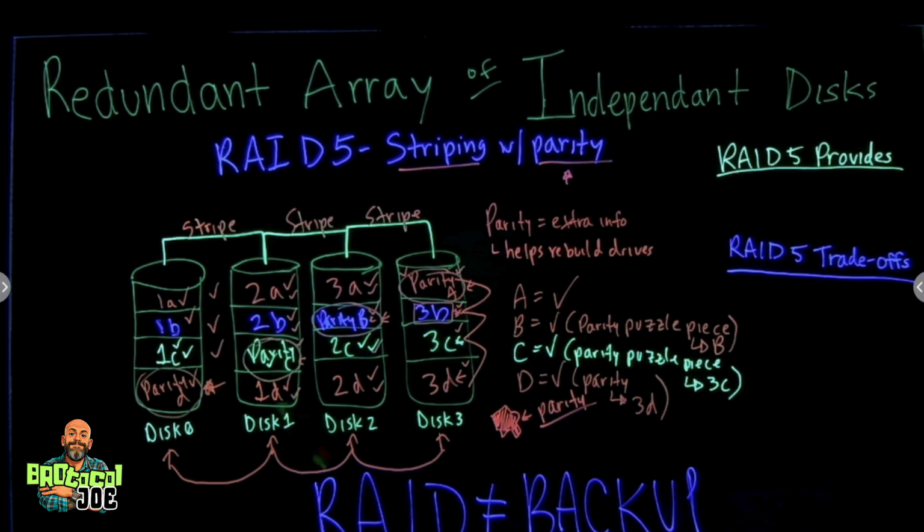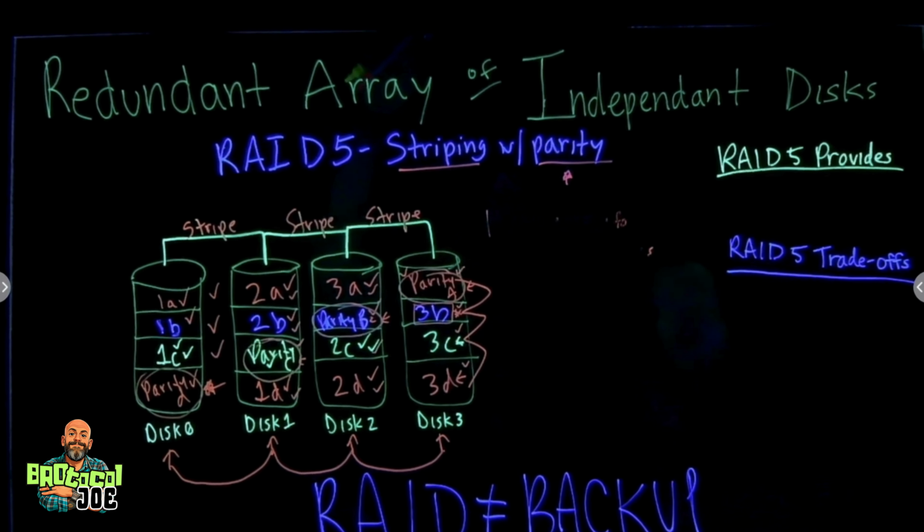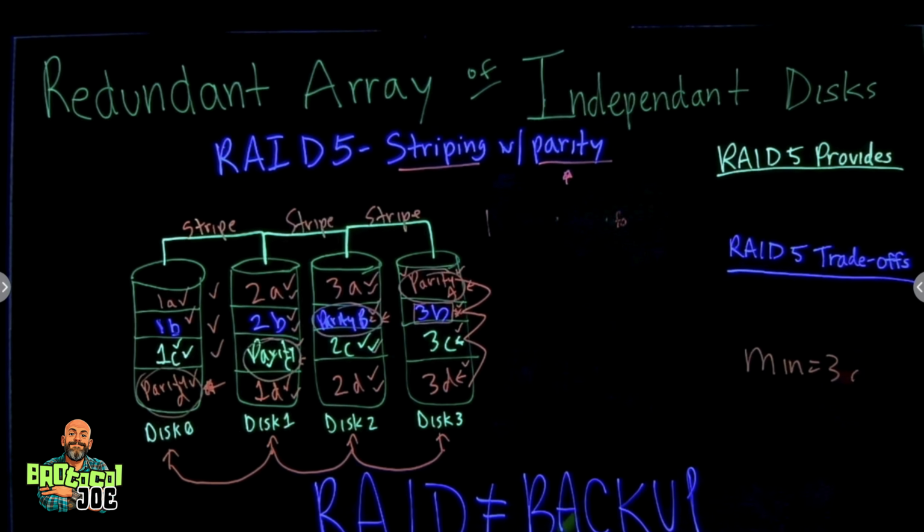So let me erase this and get a couple more key points in here. So let's talk minimum drives. There are 4 drives here, but the minimum drives are 3 drives. You might ask, well, why didn't you do an example with 3? Because I like the example with 4. I feel like I can explain it better.